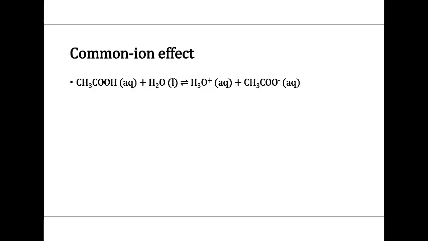So for the first example, if we add acetic acid, so if we increase the concentration of acetic acid, which direction is the reaction going to go? Let's go ahead and write out our acid dissociation constant. So we'll have Ka is equal to H3O plus times our acetate divided by our acetic acid.